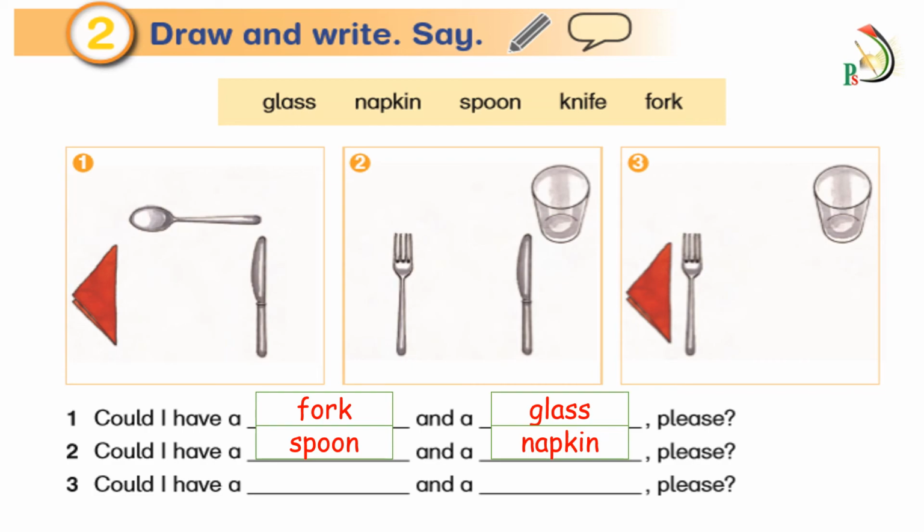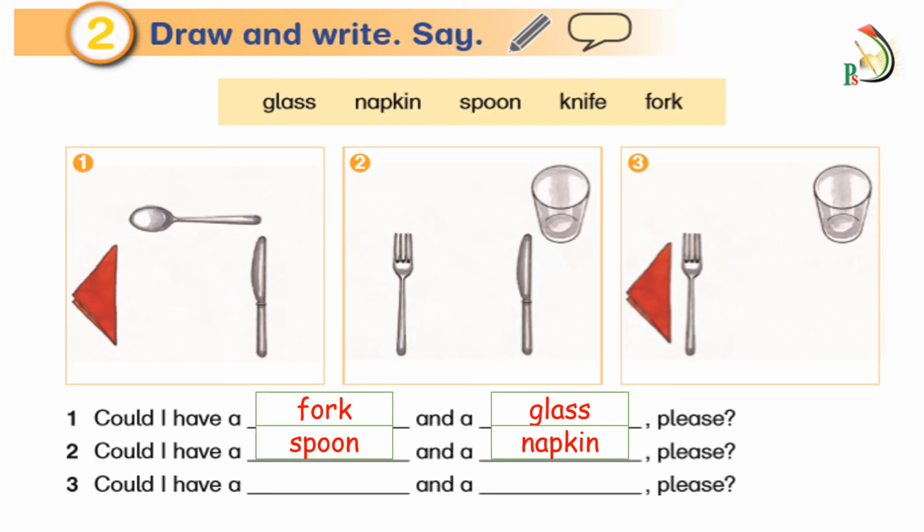Okay? Let's move to table number 3. What can you see on table number 3? I can see a glass, a spoon, and a napkin. What are the missing things on table number 3? Excellent. Spoon and the knife. Great job. Now, please complete question number 3.